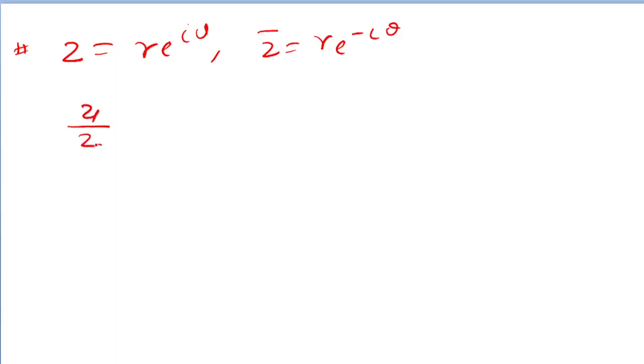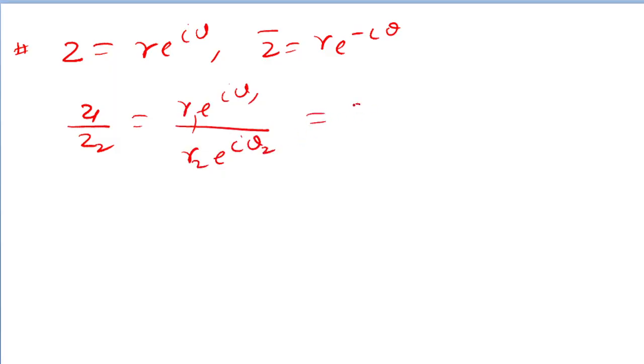One important thing: let's say z is equal to r e to the power i theta, so z bar is equal to r e to the power minus i theta. Let's say z1 upon z2 is nothing but r1 e to the power i theta 1 upon r2 e to the power i theta 2.